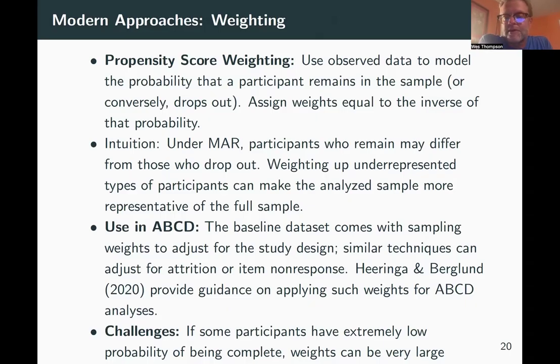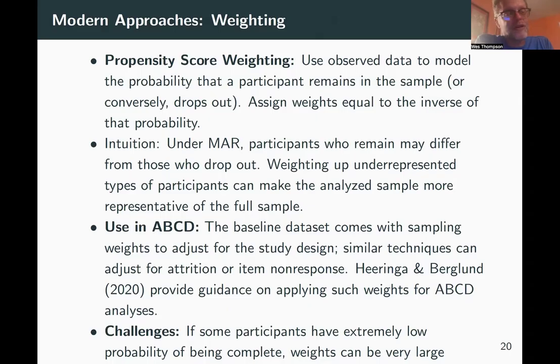So there are baseline weights in ABCD that were incorporated in the data release. This is slightly misleading to put this here, sorry, because those weren't actually incorporated for missing data. They were incorporated to weight the sample back to the U.S. population. So that's in the Heringa and Berglund white paper that's on bioRxiv.